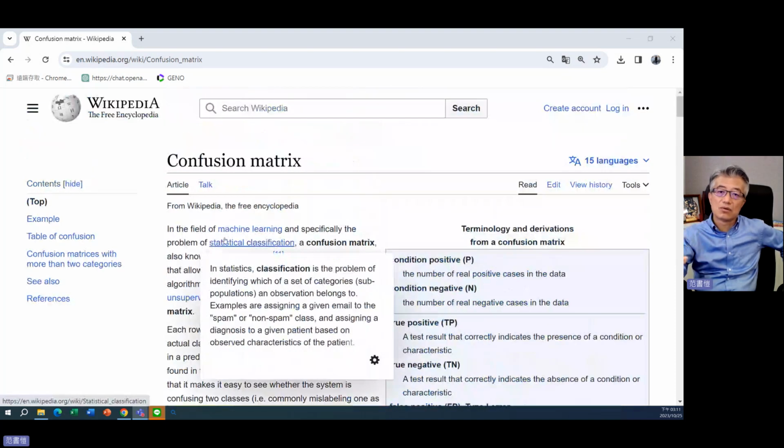So please refer to this confusion matrix for personal reading at home. In class, I will give some examples, and I will ask some of you to try to explain the confusion matrix for us. Then we have a further discussion. Also, please be sure that next time you present your computing or programming homework using the CNN, the confusion matrix will be the one for your evaluation of your proposal.